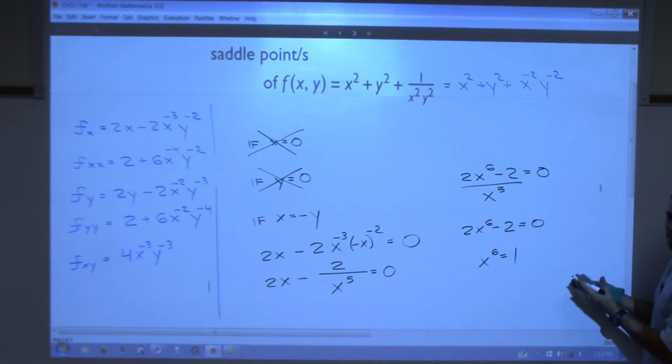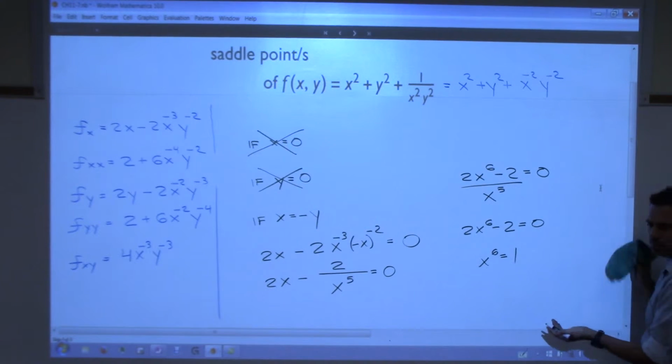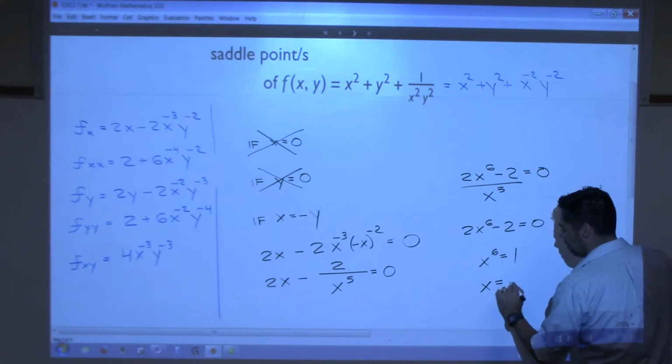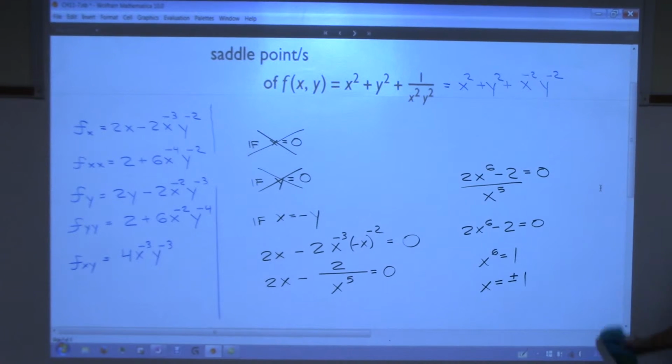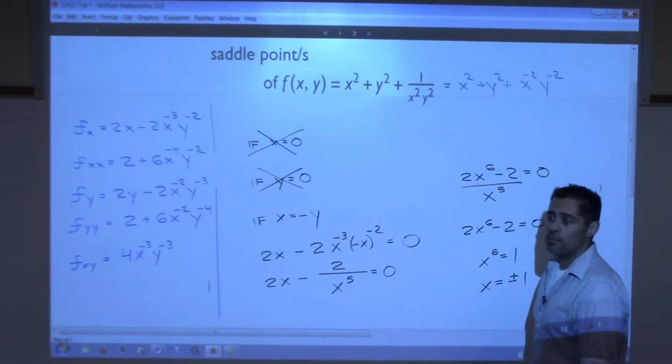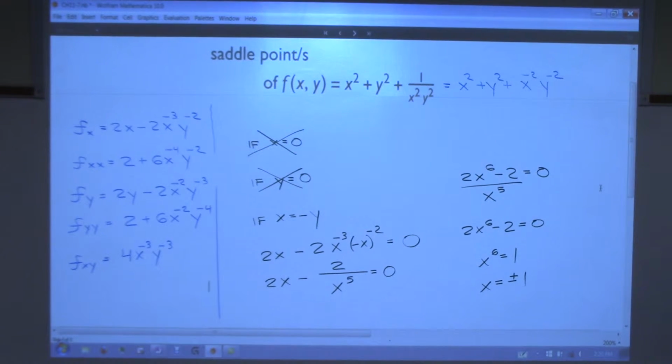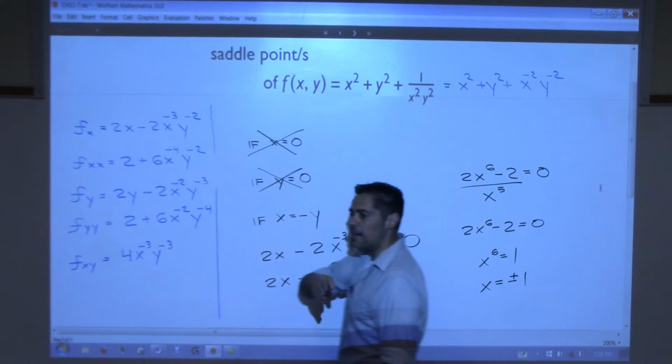So this is not the only way you could get this answer. There could be other opportunities to get to the same thing. You should get x is plus or minus 1, though. Don't we plug it in the second part? It should satisfy the second one also. We don't need to. All we needed to do is use the condition, right? We said x had to be negative y.